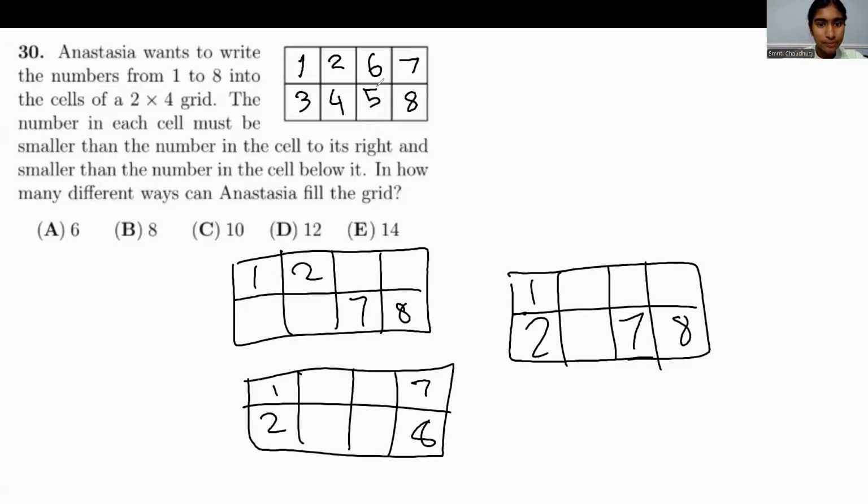So there are only three ways we can arrange the numbers in this situation.